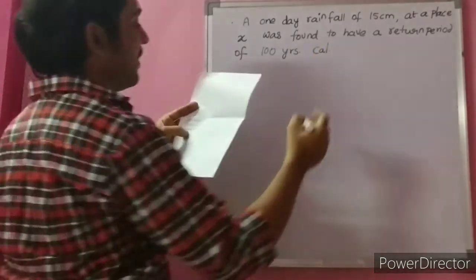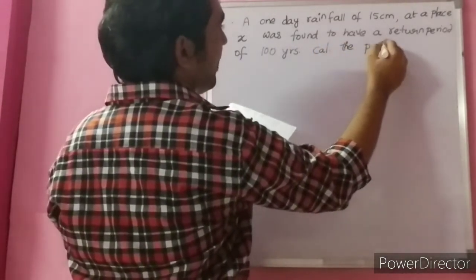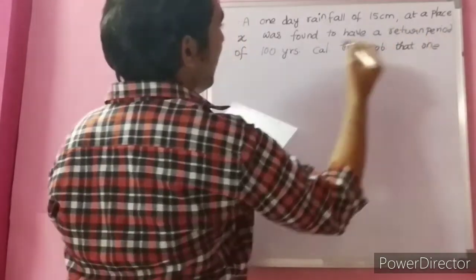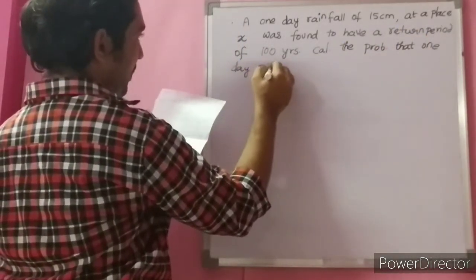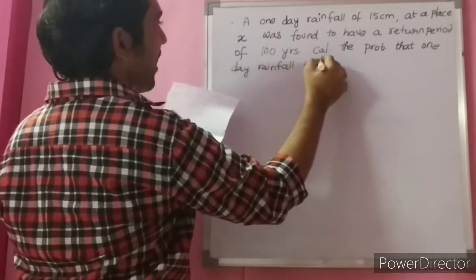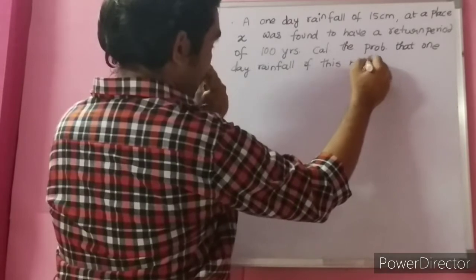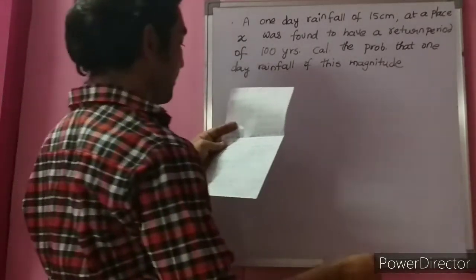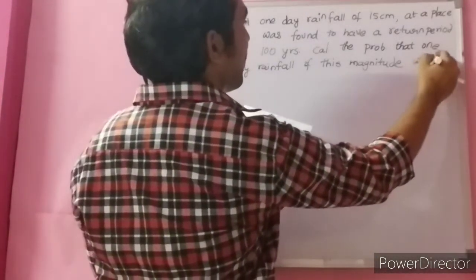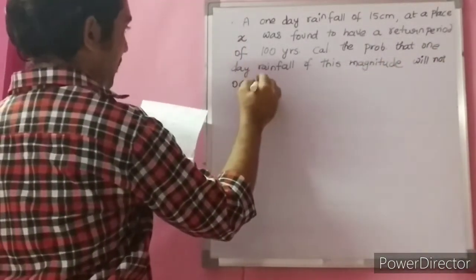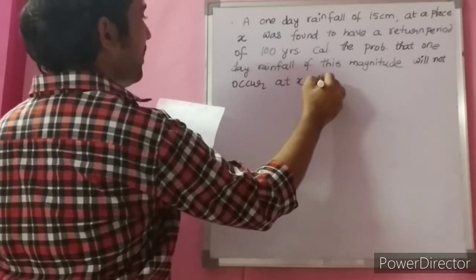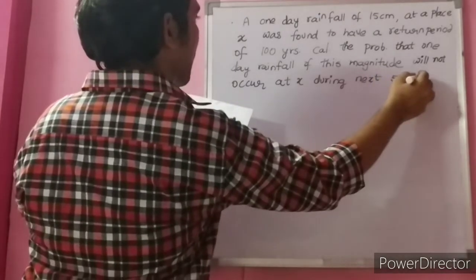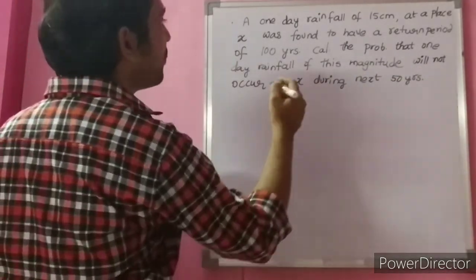Calculate the probability that one day rainfall of this magnitude will not occur at X during the next 50 years. This is part A of the question.